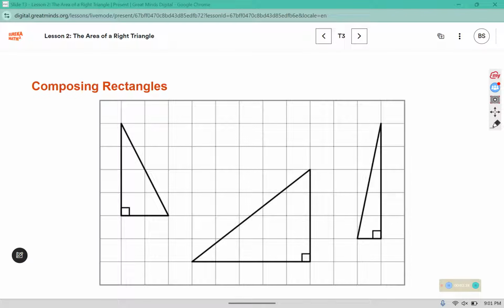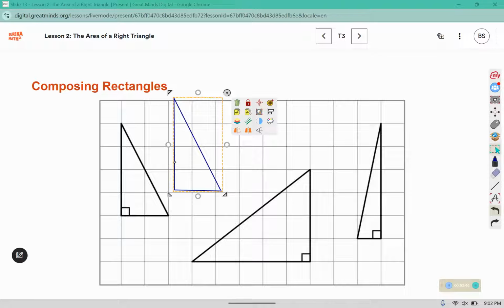Do you think any two identical right triangles of any size can be composed or put together to form a rectangle? Explain. Well, let's see. If I were to copy this triangle, could I turn it into a rectangle if I compose two of these identical triangles?